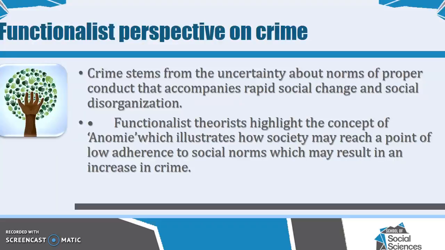The functionalist perspective claims that society goes through a process known as anomie, or normlessness, where the normal things that we would do in society have been done away with or become obsolete, like saying please and thank you, or holding the door for someone, just normal social graces.